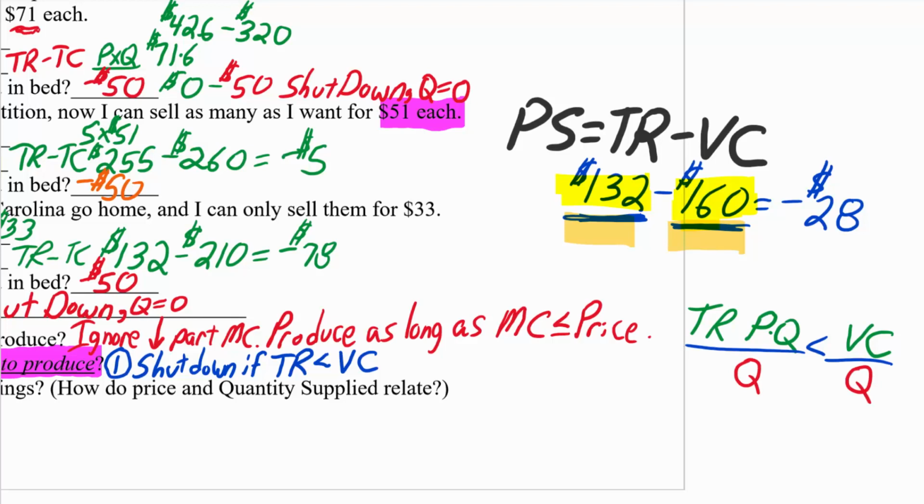Well, on the left-hand side, the Q's cancel and we just get P, price. On the right-hand side, variable cost divided by quantity, we call that average variable cost. So a second way of writing this rule that turns out to be easier is: shut down if price is less than average variable cost.